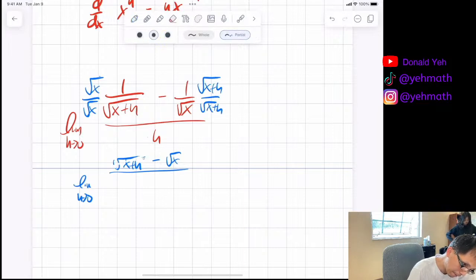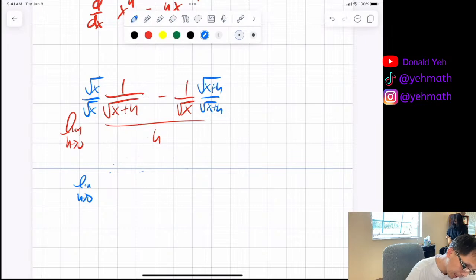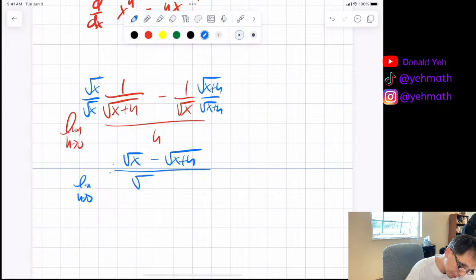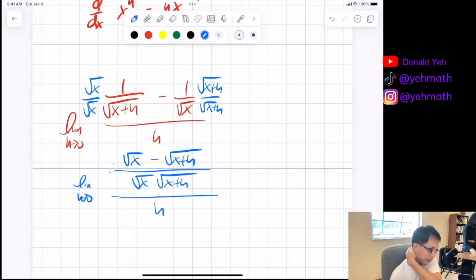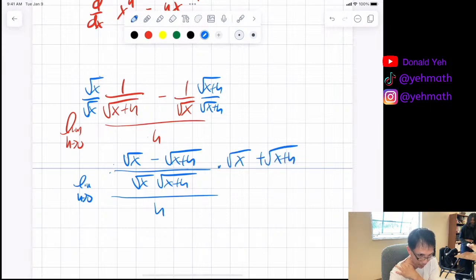Now, square root x minus square root x plus h over square root x times square root x plus h, over h. So when you get to this part, you can multiply the conjugate now. So square root x plus square root x plus h.